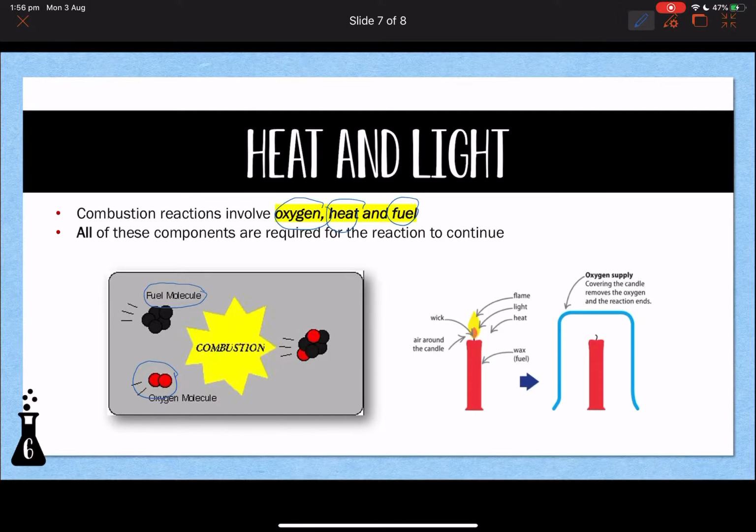And without oxygen, the fire cannot continue, okay? I've got a diagram here of a candle, okay? You've got the flame here, and what someone has done is they have put a jar over the candle, and when you do that, it actually puts the candle out.